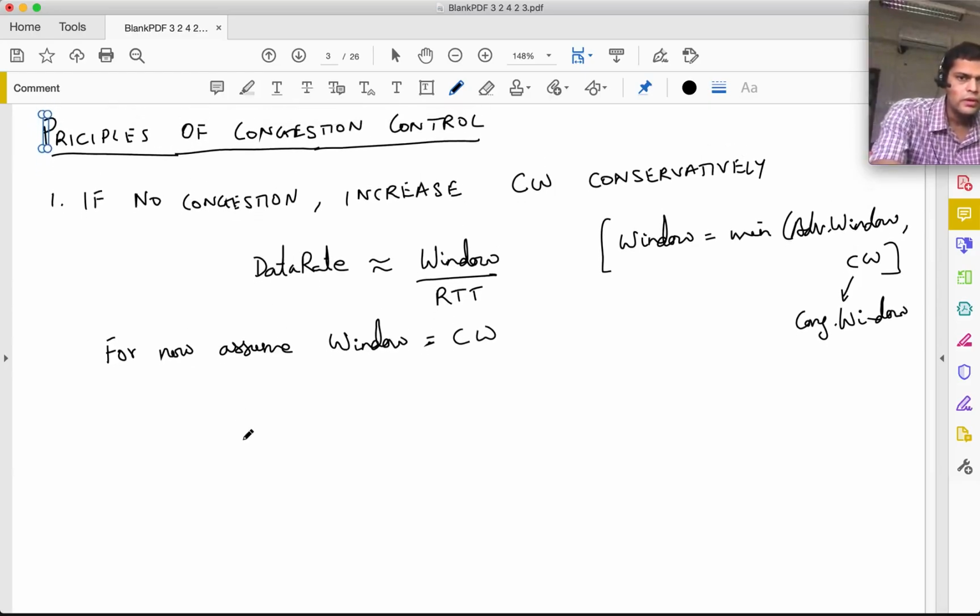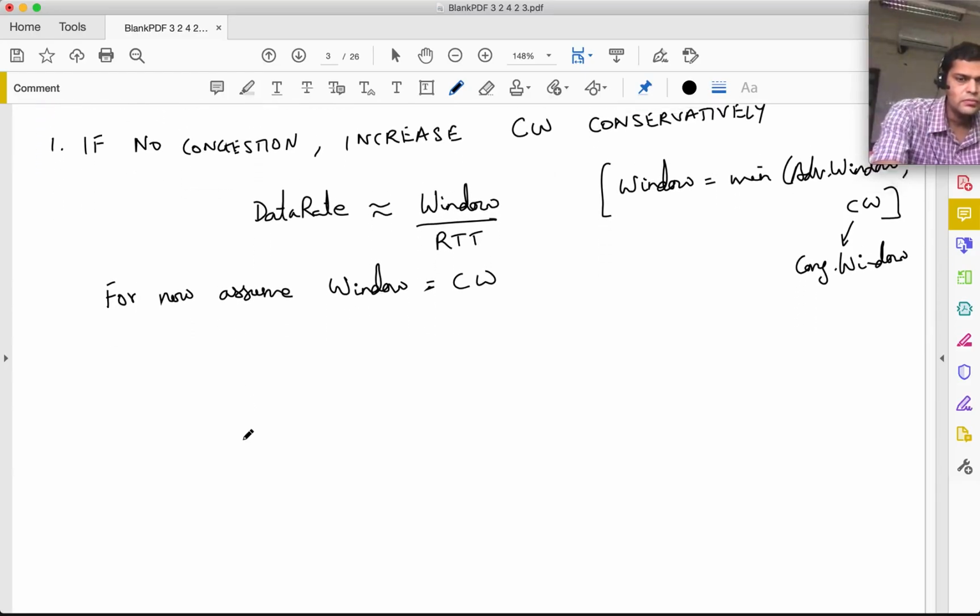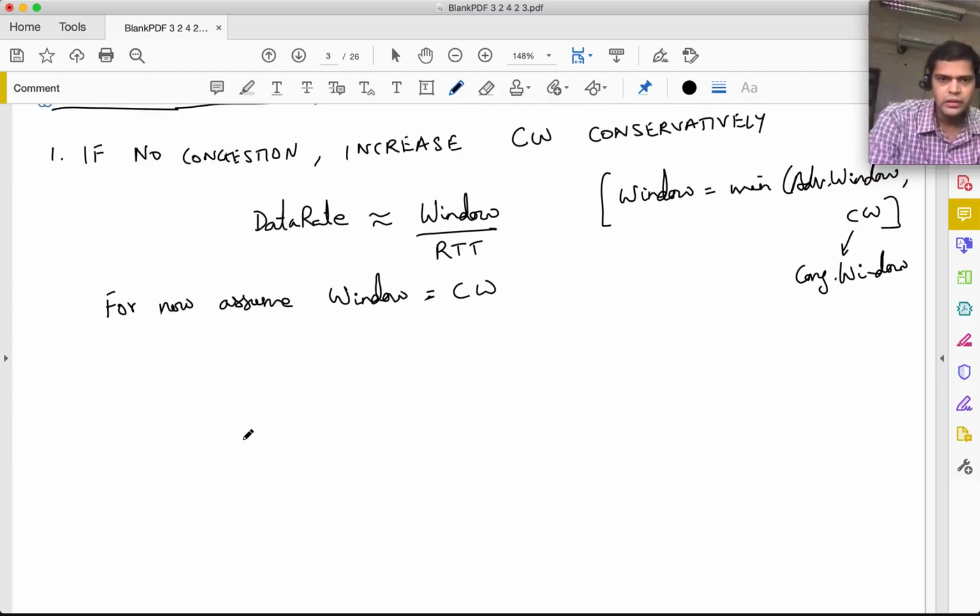One of the things we have to decide is, suppose there is no congestion. We are looking at whether there is packet loss or whether, let's say, the round trip time has gone up. Those are the two methods to find out if there is congestion. So suppose there is no congestion, then how should we increase the window size? After all, we want to use up whatever resources are there in the network.